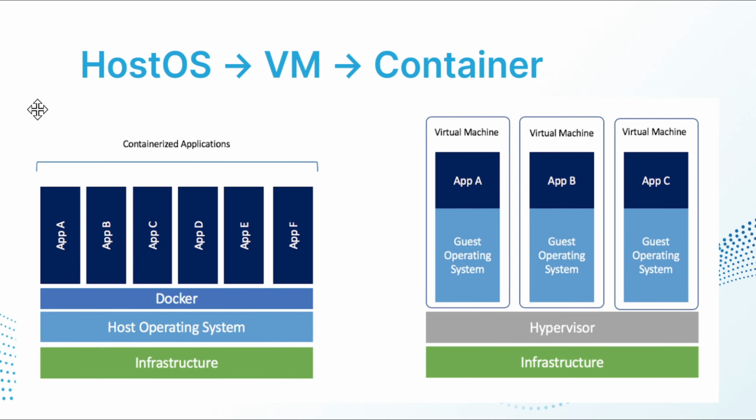Here we have a diagram of how the relationship between the host operating system, the virtual machines, and the container looks like. Down here we have the host operating system. This is, for example, if you're on your own desktop or laptop, then you have your host operating system, and coming out from it are different containers.